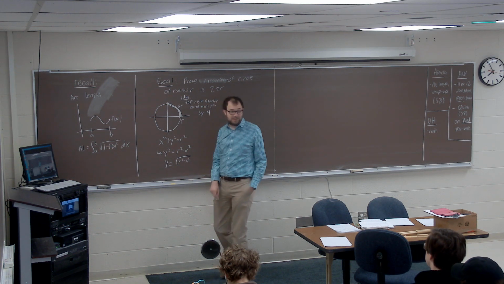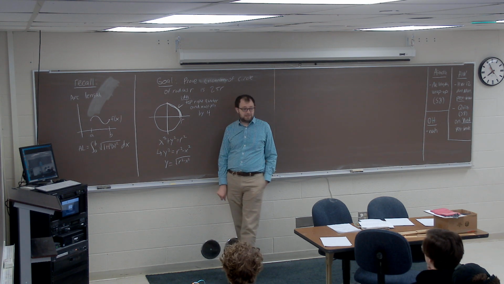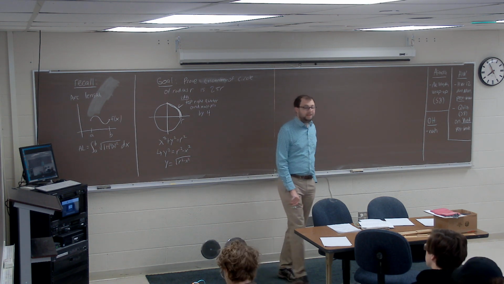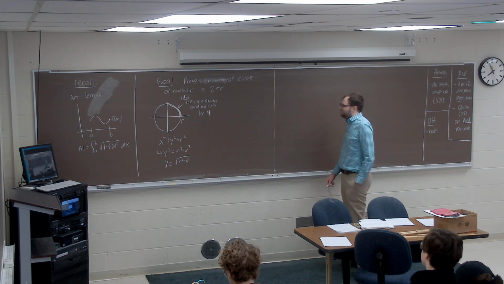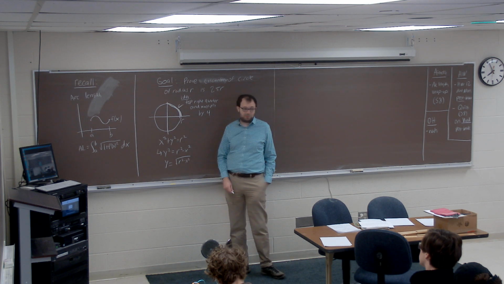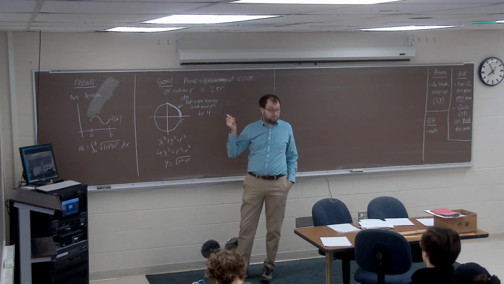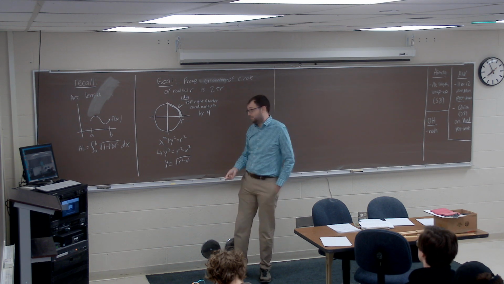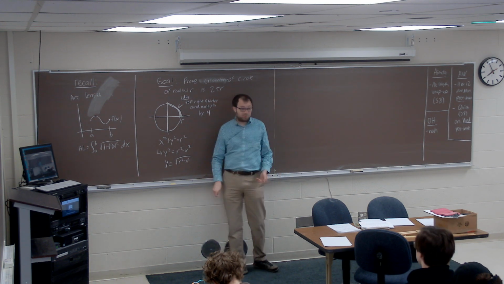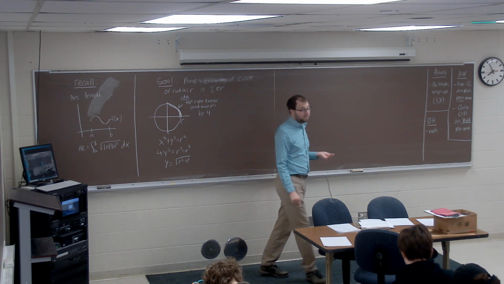Do we need a plus or minus? I think so. Or well, we're only dealing with the top right. Yeah, the fact that we're only dealing with the top right means I think we can just use the positive square root, which is why we wanted to only deal with part of the circle in the first place, because if we wanted to do the whole thing at once, we would have y equals plus or minus square root of r squared minus x squared.